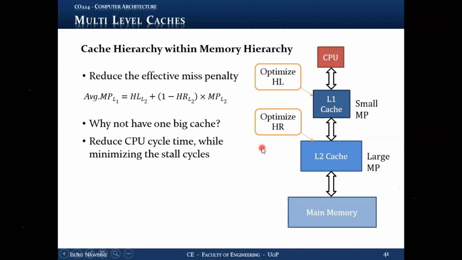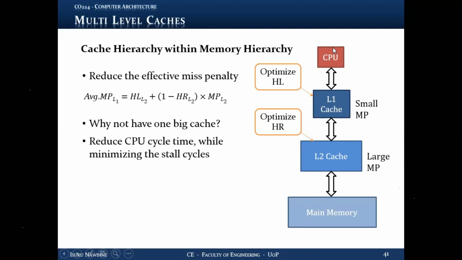So if I ask you a question like this: if you have two levels of caches, which level do you think will have the higher associativity? If you have level 1 and level 2 caches, which level will have the higher level of associativity?